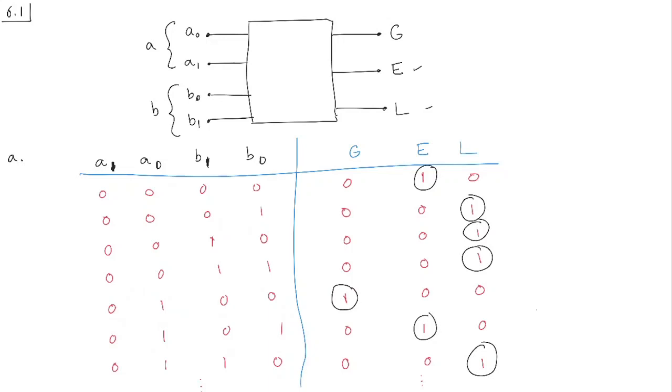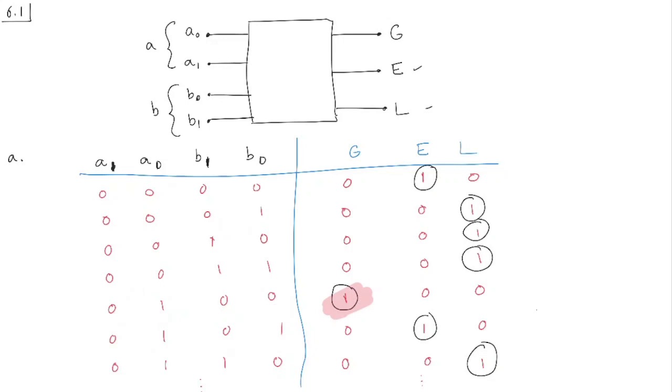So what would be the minterm corresponding to this term here? You can look here and see that a1 is 0, a0 is 1, b1 is 0, and b0 is 0, right?